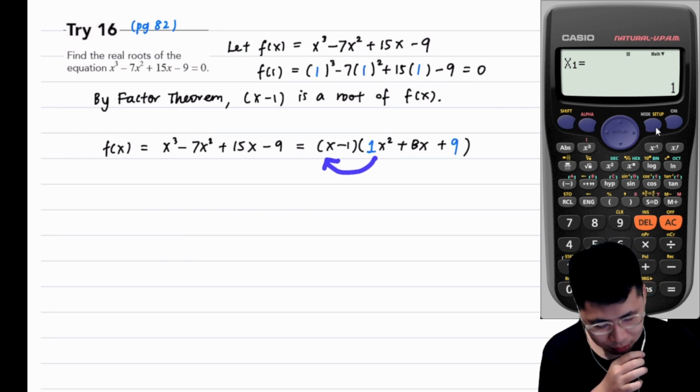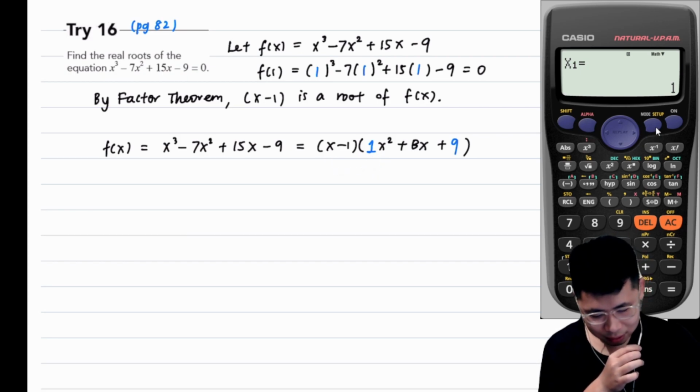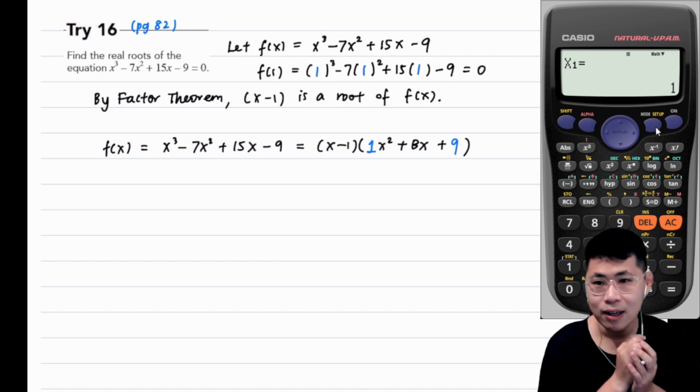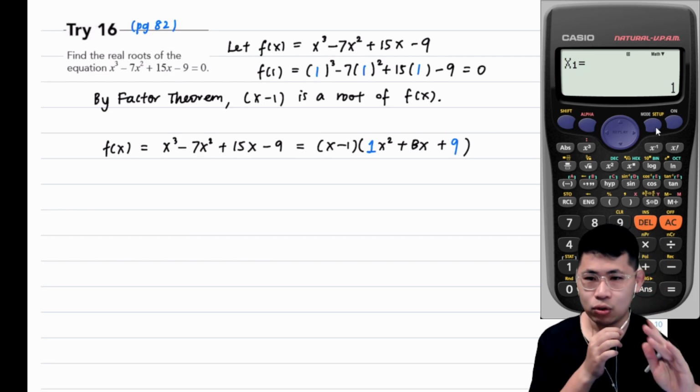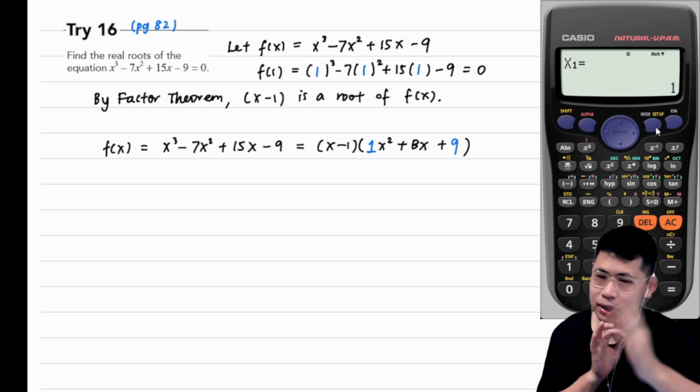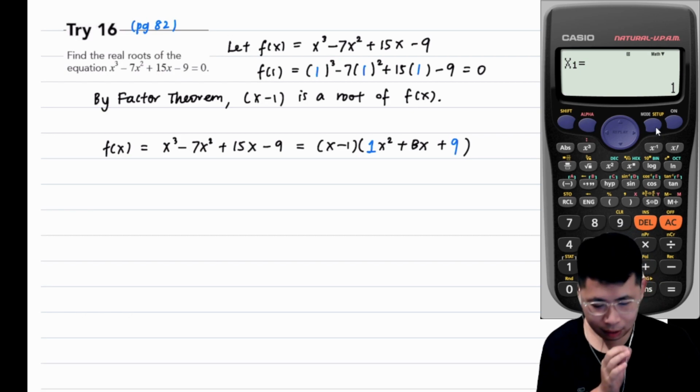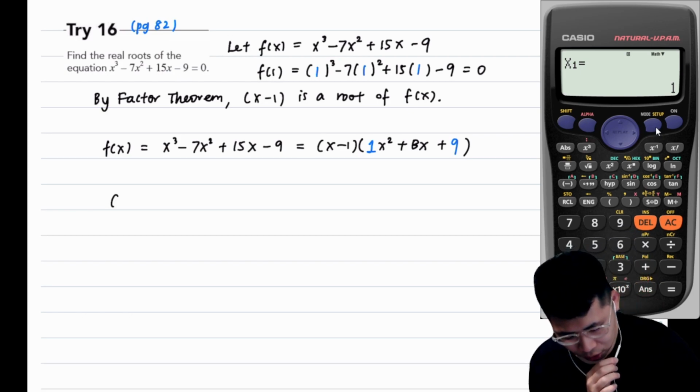So for x cubed, I have 1x cubed, and over here -1 times 9 would give me a -9. Okay, so this is good. This is what I want. The next thing to do is to compare coefficients of either x squared or x to give me my b. So comparing coefficients of x squared, or comparing x squared terms.